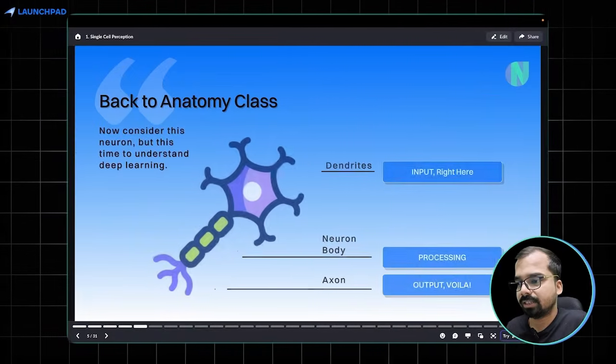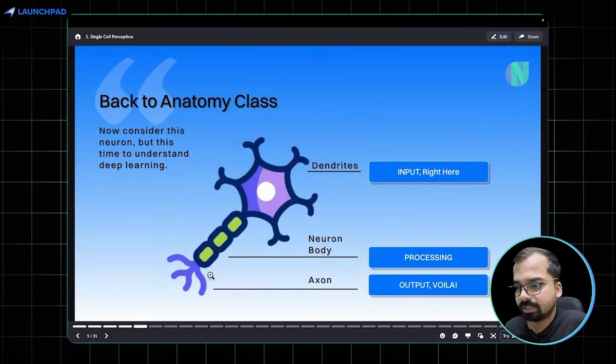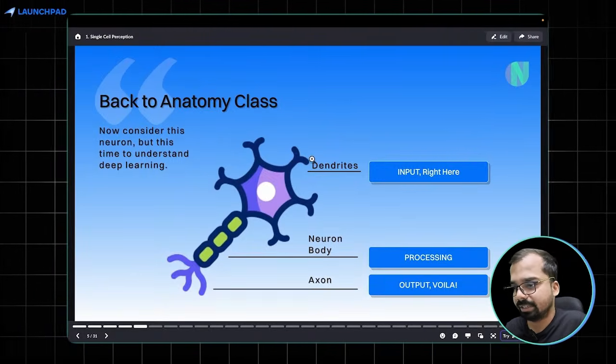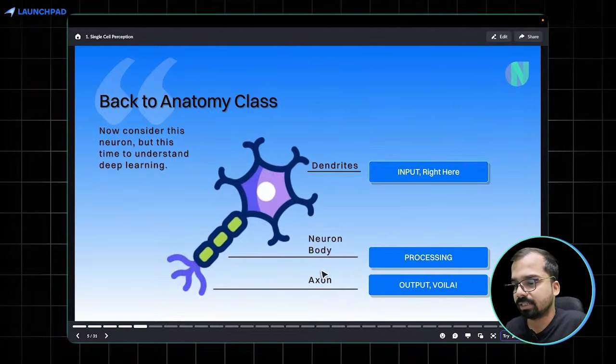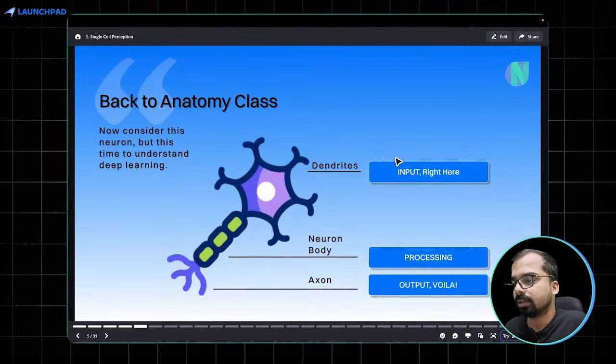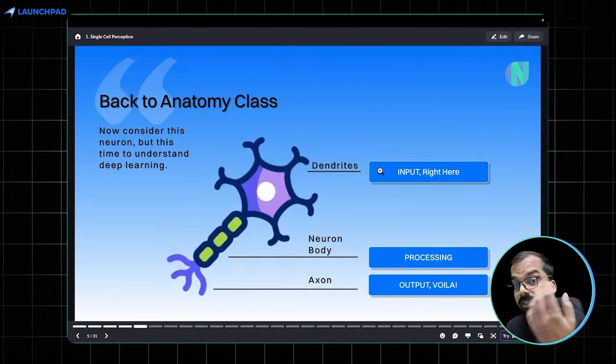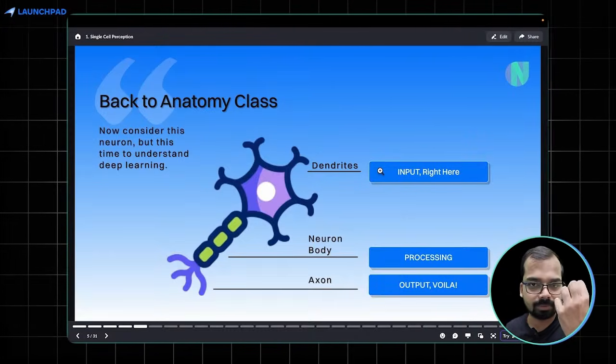So let's take an example of what a neuron looks like. A neuron basically has three main components: dendrites, the neuron body, and the axon. Dendrites are responsible for getting the input from the surroundings. Let's say we watch something with our eyes.